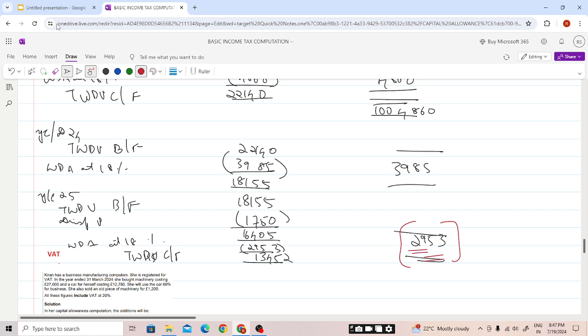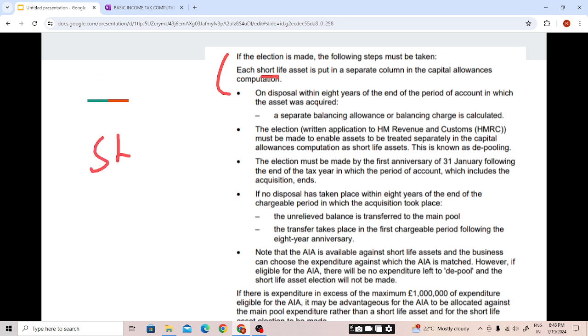So as we have seen, the short life asset pool is a choice we can make, it is not mandatory. So it will be advantageous when we have a balancing allowance within 8 years of the purchase of the asset, students.